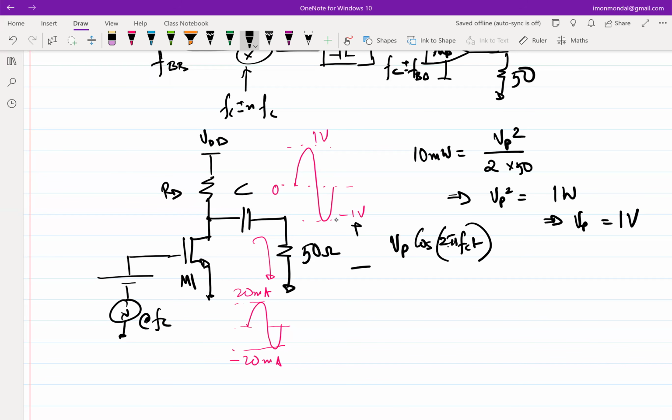Right, plus 20 milliamps means the direction of the current is this side, which means it can only come from the supply. So this is plus 20 milliamps. And naturally, when we have the negative 20, it has to come from here.